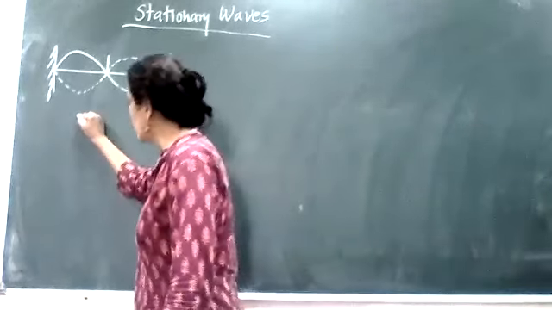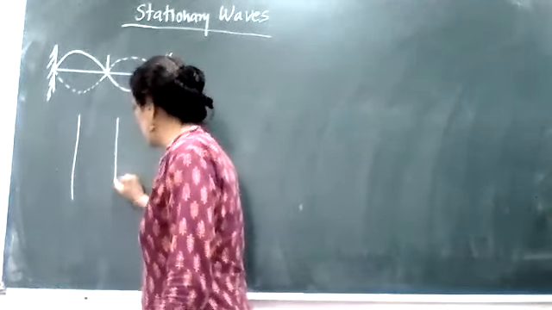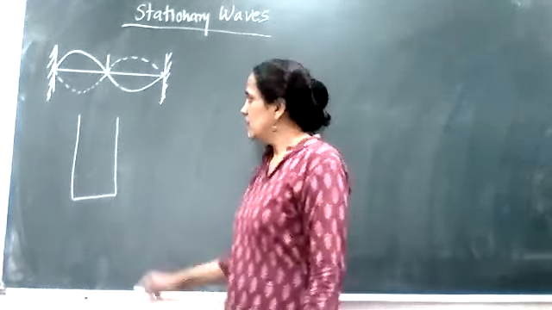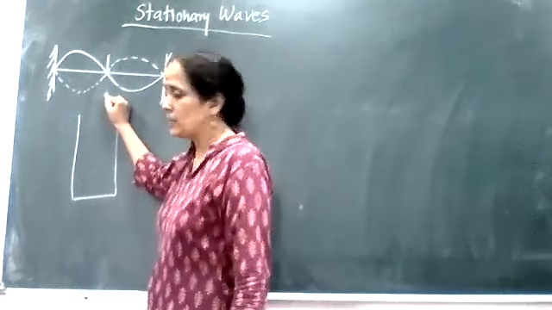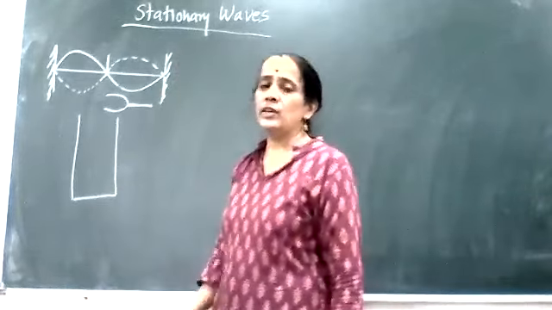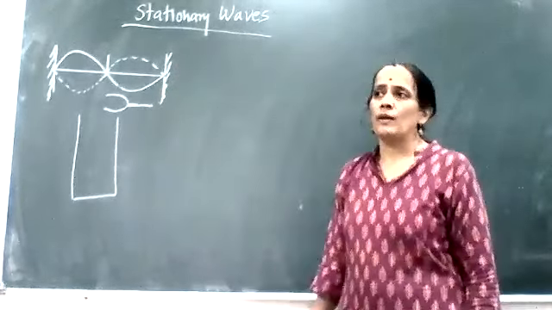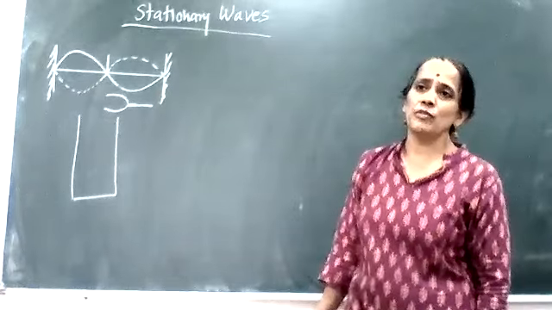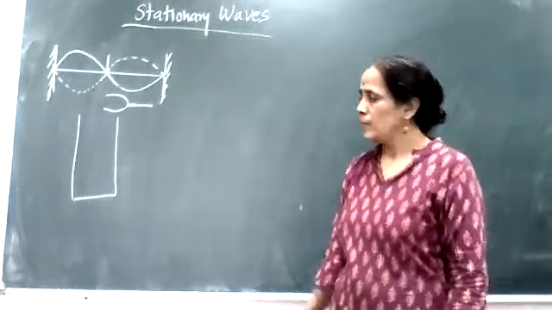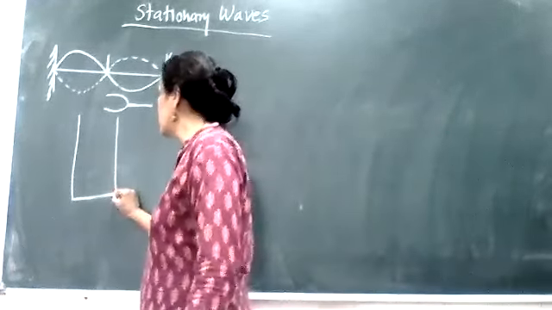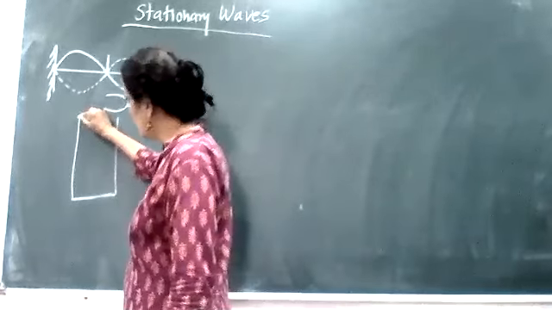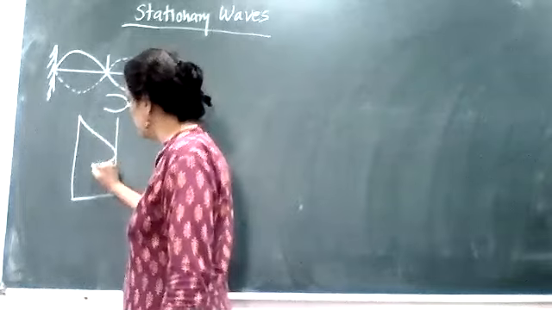Similarly, if I consider a pipe which is closed at one end, and near the open end of this pipe I keep a source of sound like your vibrating tuning fork, then this tuning fork as a source of sound will send out waves.